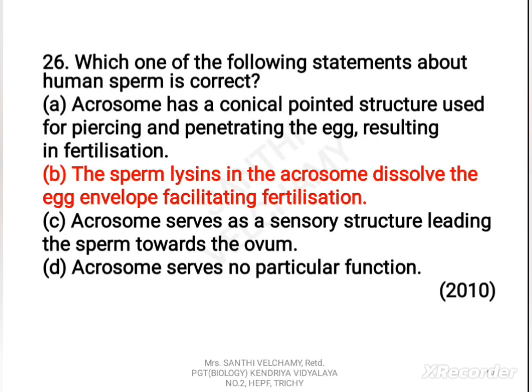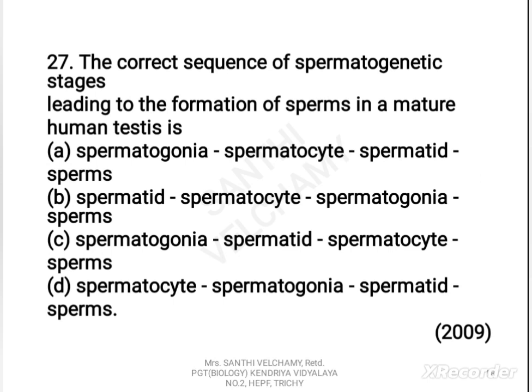Now next question. The correct sequence of spermatogenic stages leading to the formation of sperms in a mature human testis is: they have given four options. A, spermatogonia, spermatocyte, spermatid, sperms. B, spermatid, spermatocyte, spermatogonia, sperms.